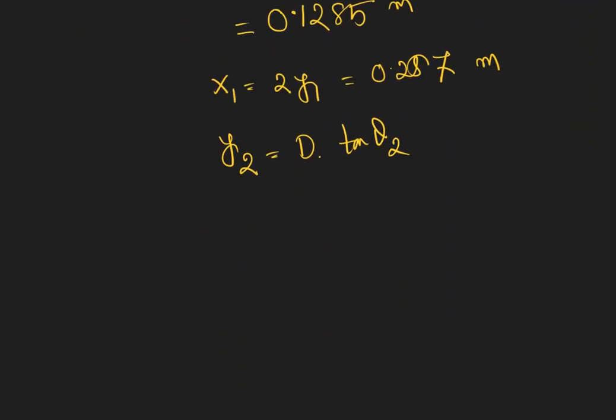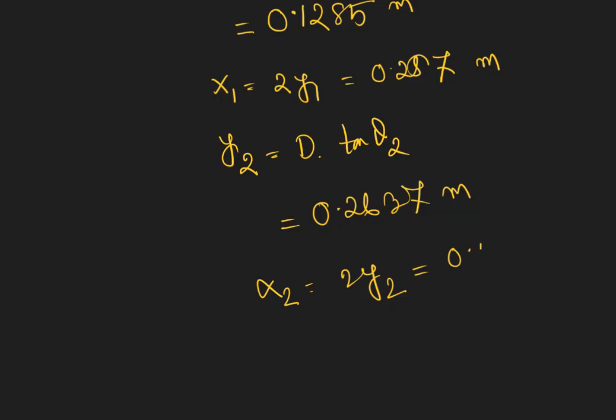Then we have a value of 0.263737 meter, and of course x2 is equal to 2 of y2. We have 0.5274.